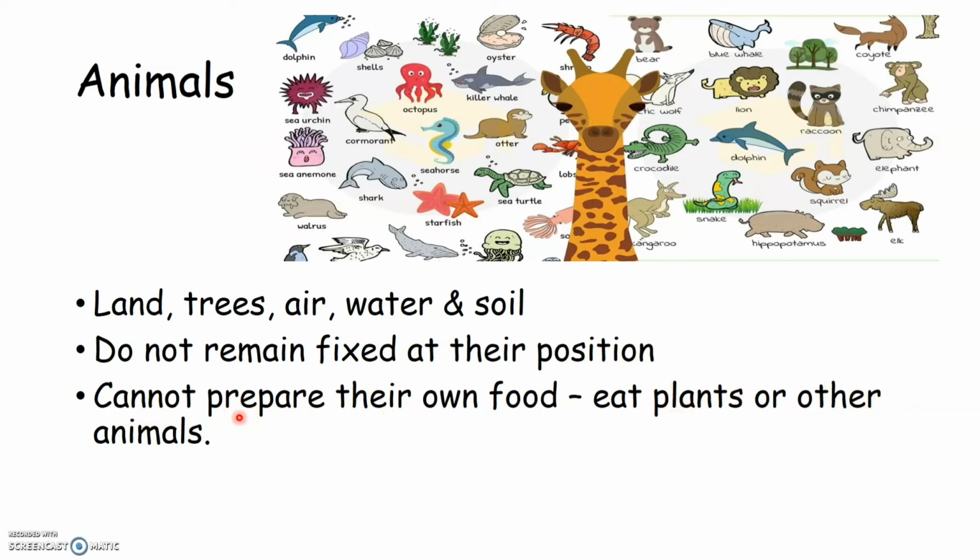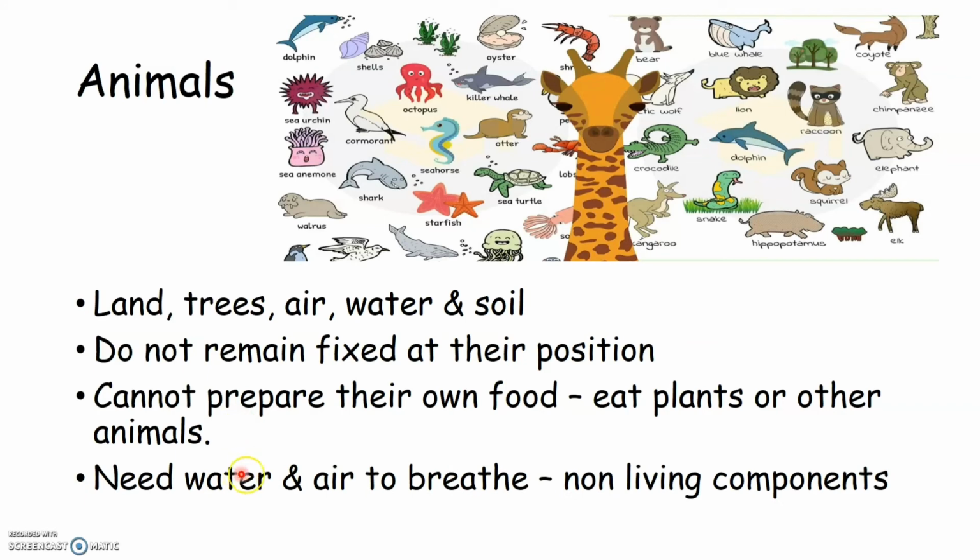They also depend on water and air in order to breathe. Now, we know that food, water and air are essential for animals' survival also. So animals, which are living things, depend on non-living components like water and air.